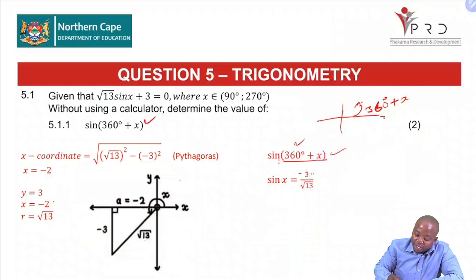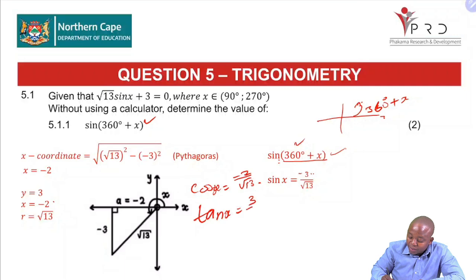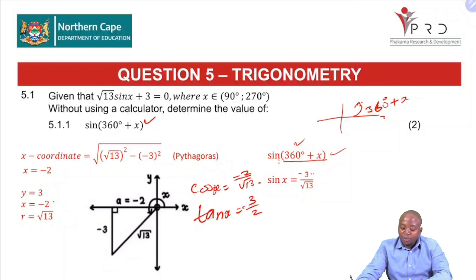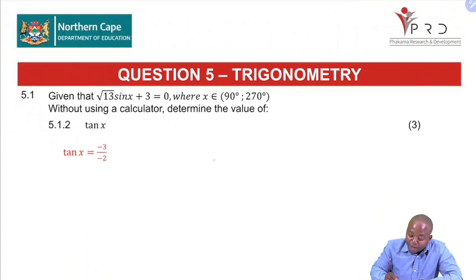Even when you are here, you can write all of the trig ratios if you need to. We can say our cos x is going to be x over r, so it's negative 2 over root 13. We can write the tan x here. It's going to be y over x. But let's move on. Then find tan x, because we now know our values from our sketch.